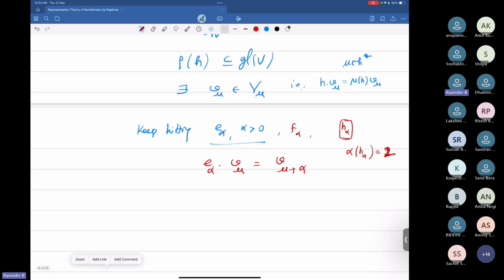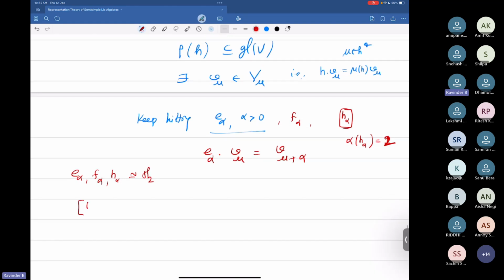So what does SL2 copy mean? E alpha, F alpha, H alpha is an SL2 copy. That will tell you that H alpha acting on E alpha equals 2 E alpha. But by definition of eigenspace, this belongs to G alpha, and this is an eigenvector corresponding to the eigenvalue alpha.